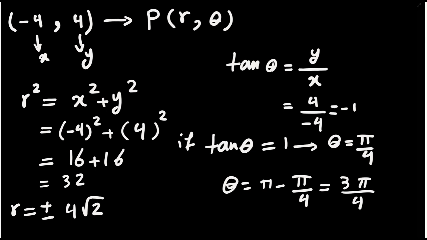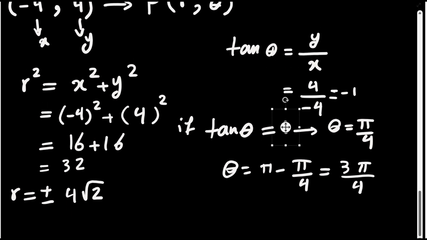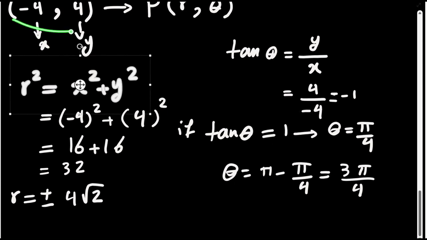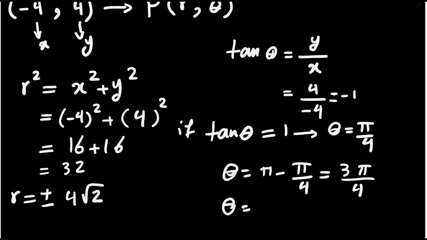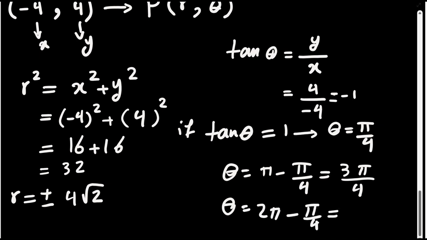We can think about the angle in the opposite direction. So if we do not consider x and y and think about the second quadrant, another angle with -1 for the tangent is 2 pi minus pi/4, or 7 pi/4.